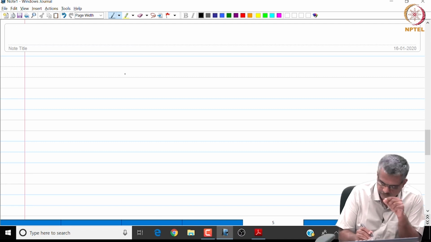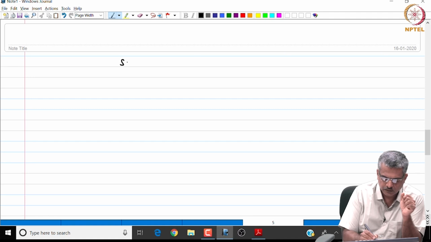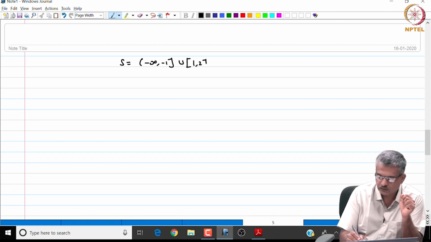Let me write down the set once again. It consists of a union of 3 sets. Note that this is a singleton set.